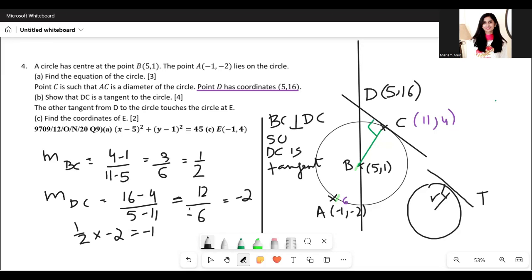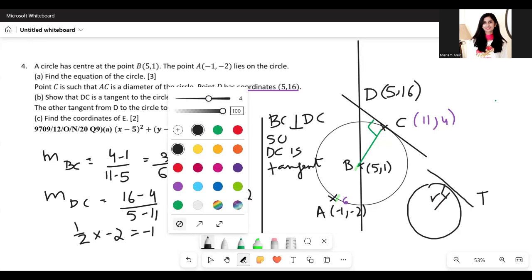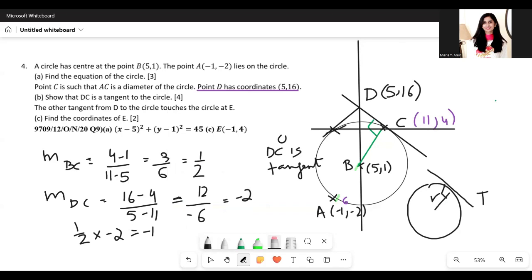The other tangent from D to the circle touches at E. Now, if you draw another tangent from here, it will touch the circle somewhere over here. And again, that would be aligned with the point C. So the y coordinates of C and this new point E must be the same. So the y coordinate of E would be 4 as well.